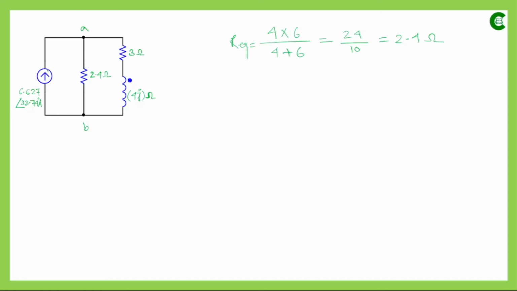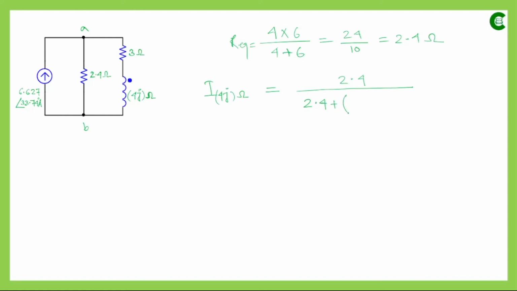So here we can see every branch is connected in parallel, so here we will apply the current division rule. If we want to find out the current value through this inductor, then as per the rule, it will be the opposite resistance value, which is 2.4, divided by the summation of both the values.